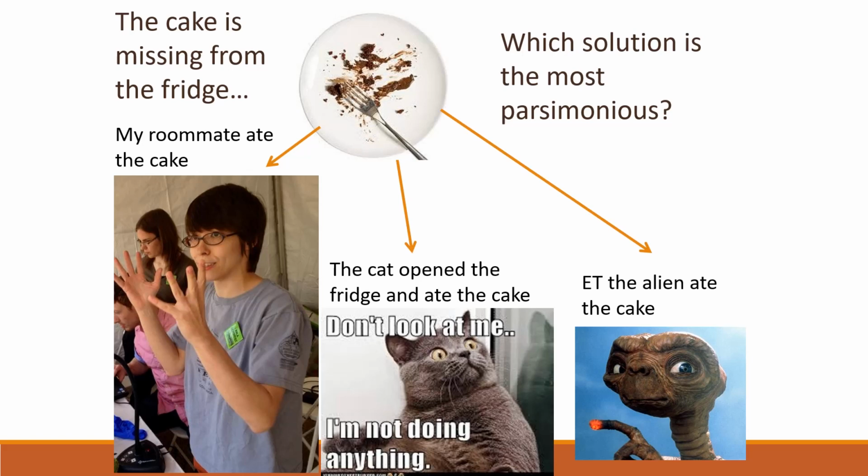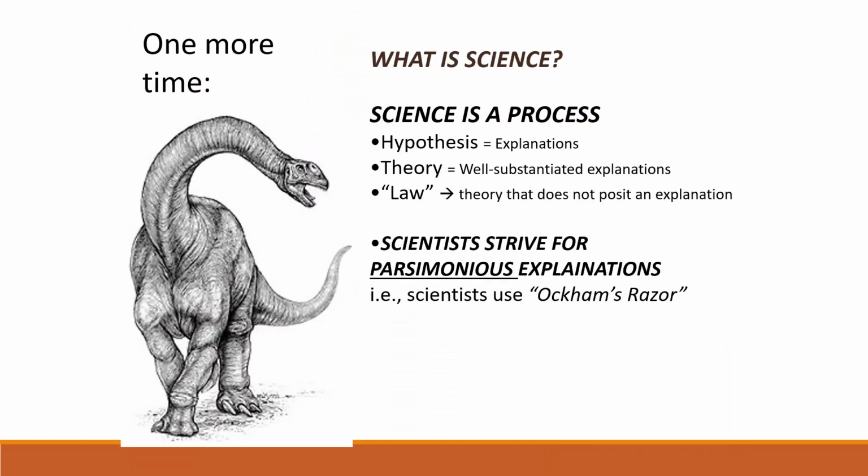If it's chocolate cake, that's a bad thing. And an alien could have come in and eaten the cake. Maybe a dinosaur came in and ate the cake. One of these is more parsimonious than the others. One of these is a much more elegant, simple solution, and that is the idea that a roommate, a person, opened the fridge door and stole the cake, which is what actually happens in my family. My dogs are smart, but they don't have thumbs.